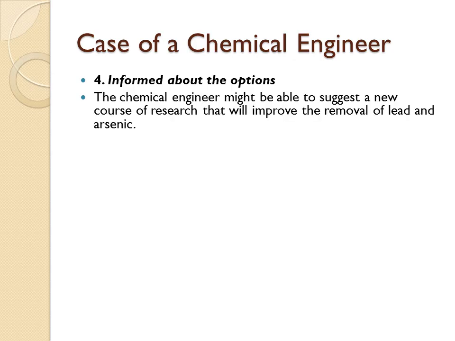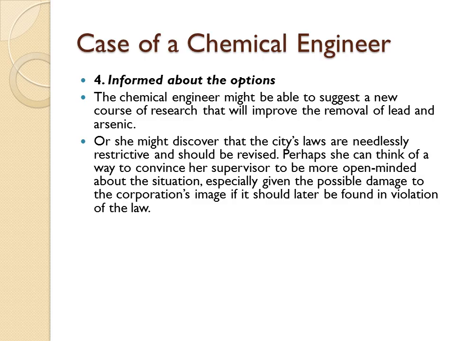Continuing with informed about the options, the chemical engineer might be able to suggest a new course of research that will improve the removal of lead and arsenic. This is possible, that the chemical engineer can do some research and come up with some new findings that can help removal. Or she might discover that the city's laws are needlessly restrictive and should be revised.